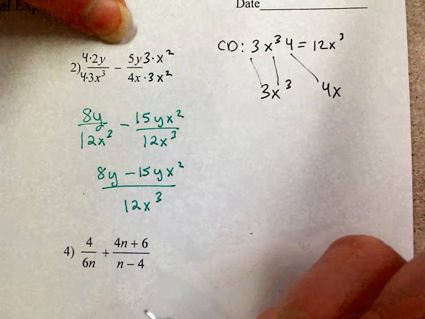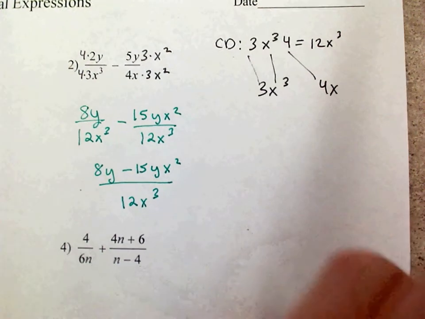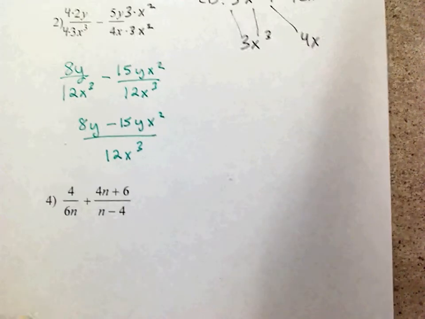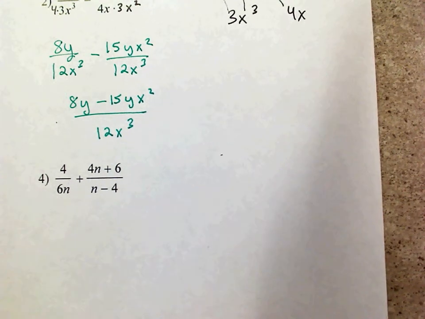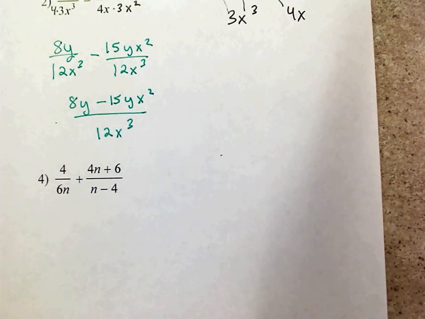Now, do 8, 15, and 12 all divide by a common number? No, 15 and 12 divide by 3, but 8 does not. 8 and 12 divide by 4, but 15 does not. And do I have a y and an x in every term? Then I'm done. All right.